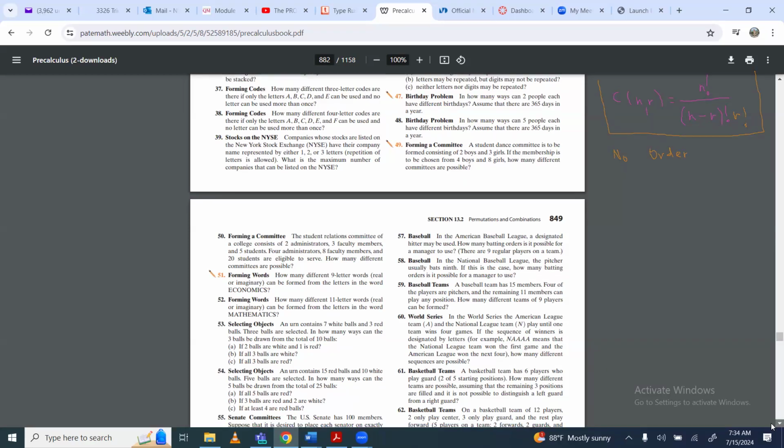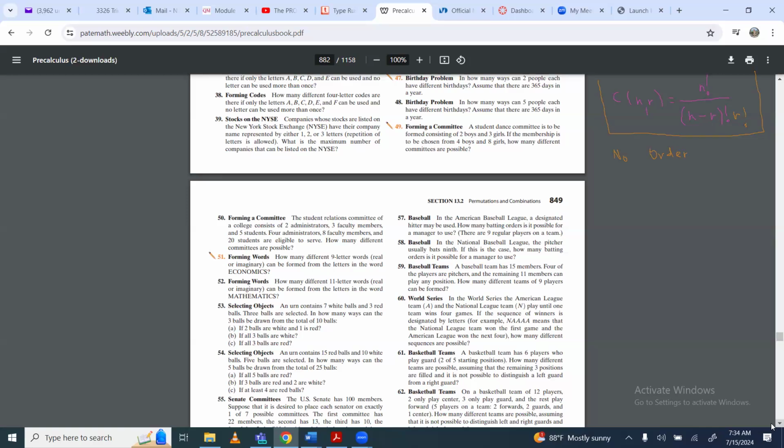Let me try to find one here. Whenever, like in 57, they say, how many orders? Well, it means order is important, but that's not a combination. So that will be a permutation. So I'm trying to find an exercise that could be relevant here.